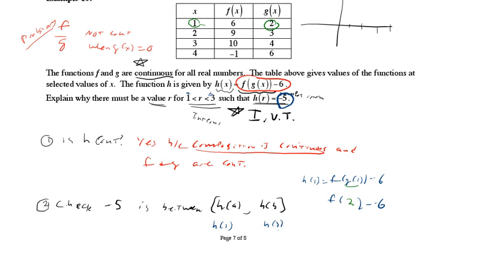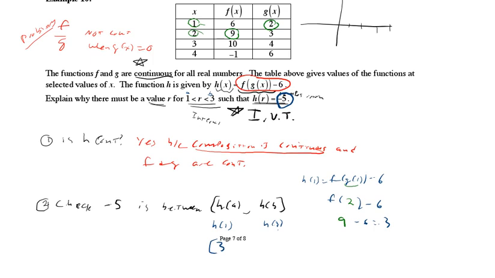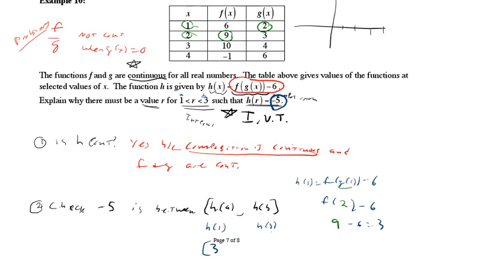Composition, everybody. F of 2 minus 6. So what's f of 2? Here's 2, f of 2 is 9. So this becomes 9 minus 6, which is 3. So on one side I have 3. This 2 came from g of 1.